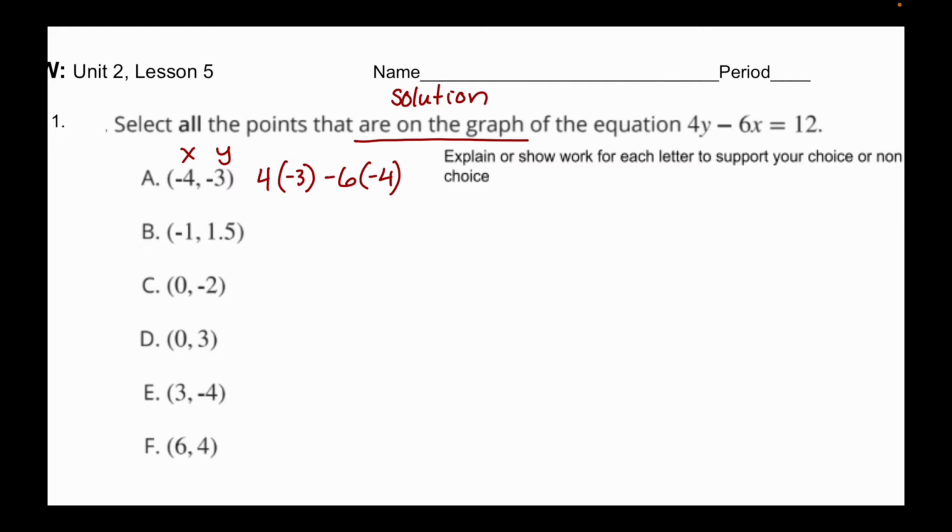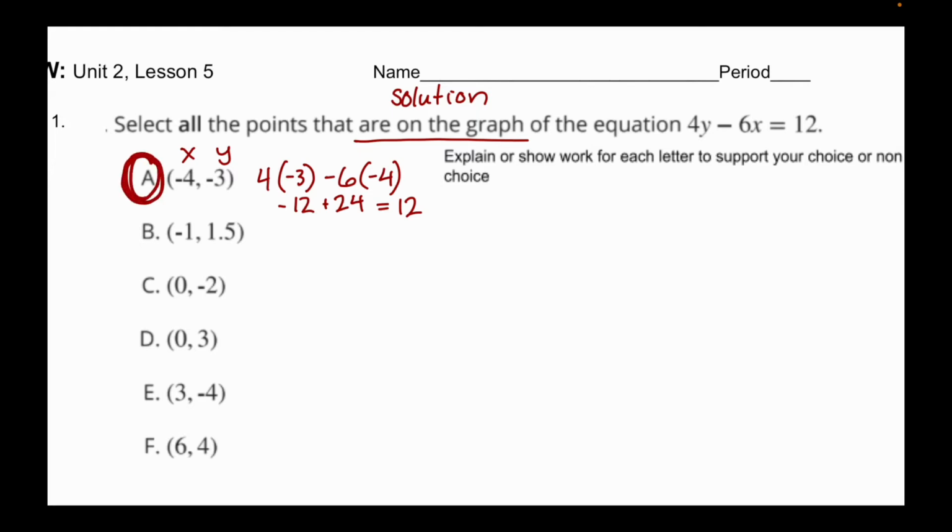This would give us negative 12 and then plus 24. So we get a negative because we have a positive times a negative here, but this negative 6 times the negative 4 makes a positive 24. And negative 12 plus 24 is equal to 12. So A is one of our answers.